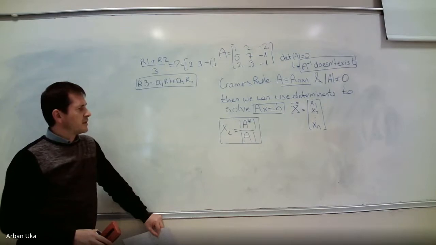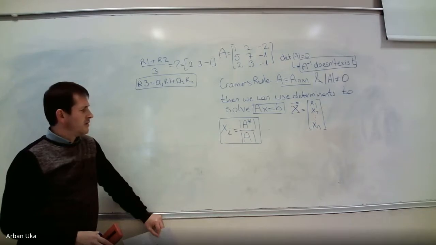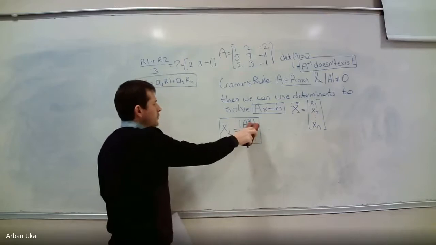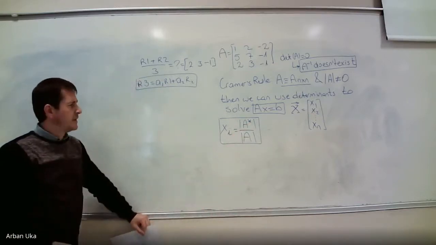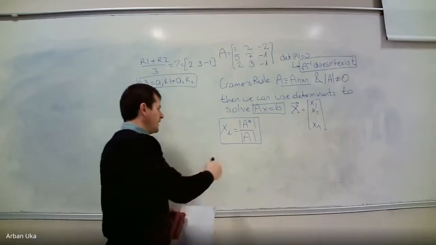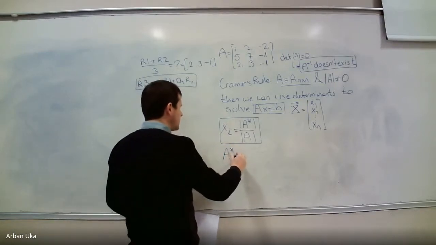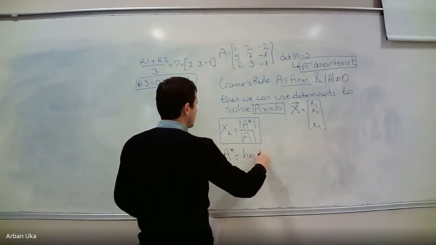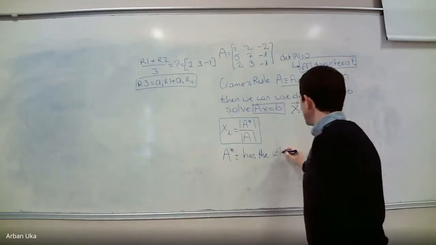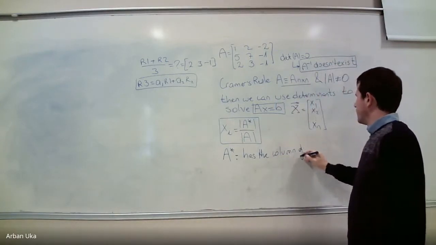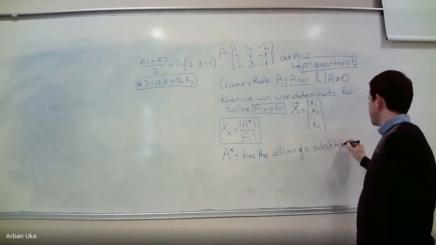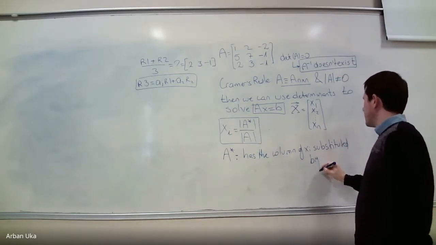If x is a vector composed of x1, x2 up to xn, then xi can be found as the ratio of the determinant of the modified A, A star, divided by the determinant of A. Here A star is the matrix with the column of xi substituted by b.